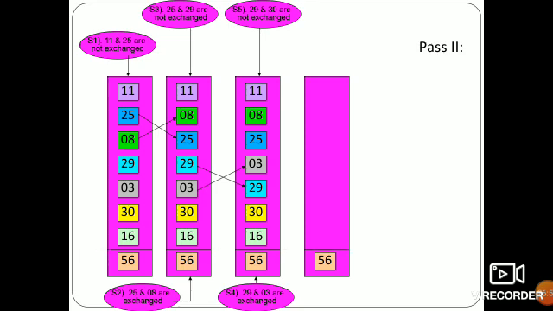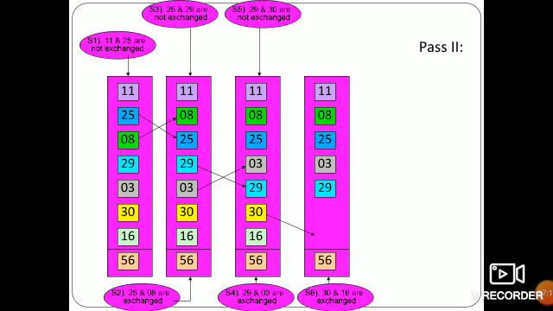56, 11, 8, 25, 3, okay, 29, 30. Then 30 and 16, so 16 has to be exchanged. Now 30 and 16.